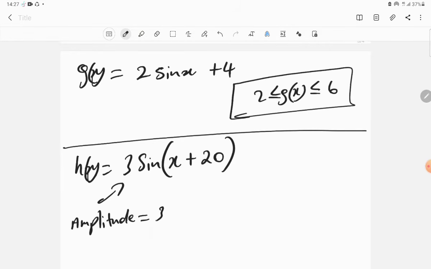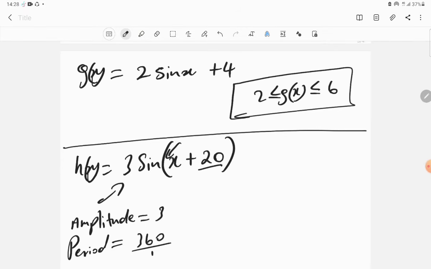Our amplitude is 3, and our period is equal to 360 divided by what is in front of this x, which is just 1. So the period is just 360.